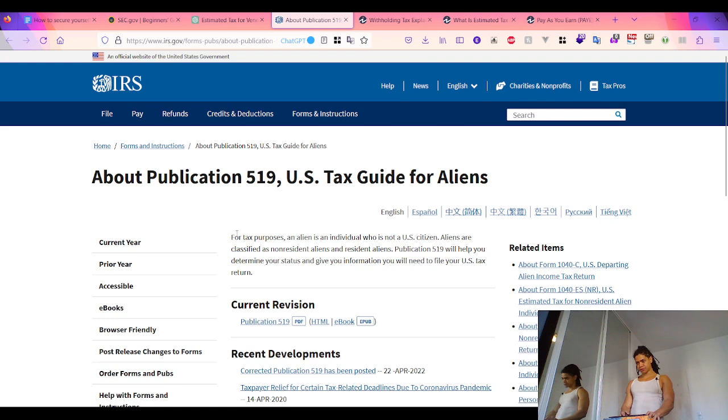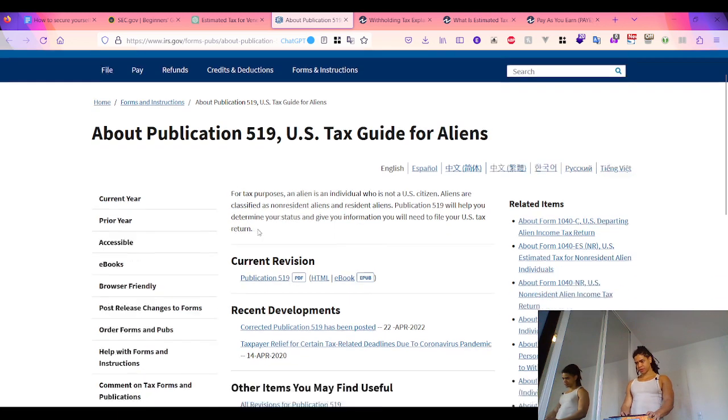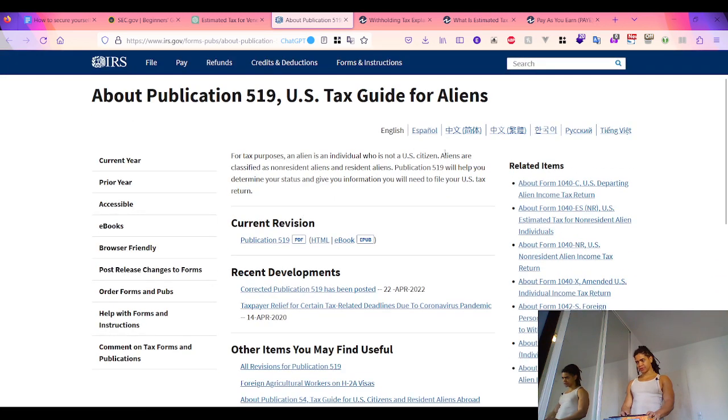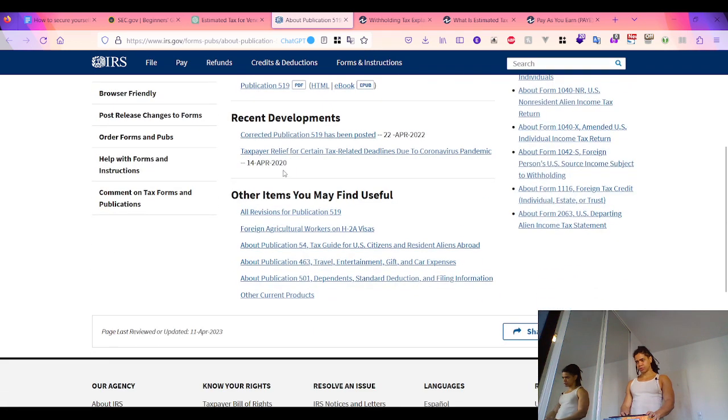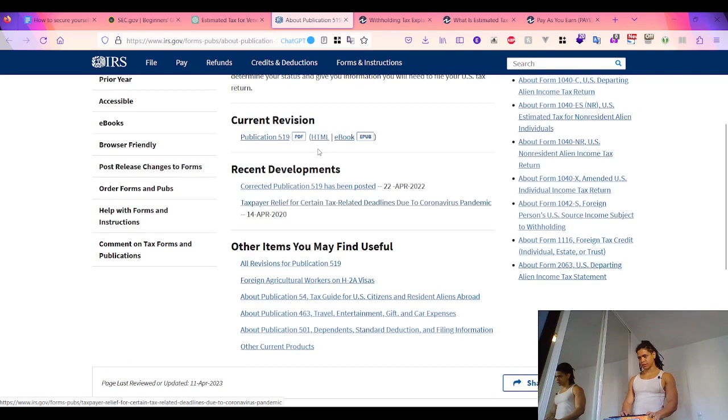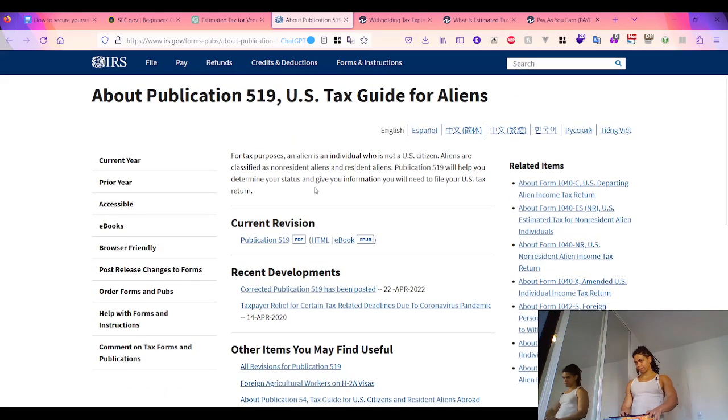For tax purposes, an alien is an individual who is not a U.S. citizen. Aliens are classified as nonresident aliens and resident aliens. The publication will help you determine your status. Another publication is Taxpayer Relief for certain tax deadlines related to coronavirus.